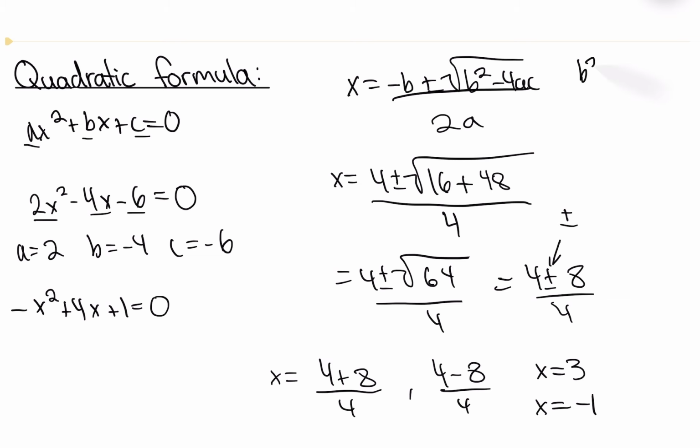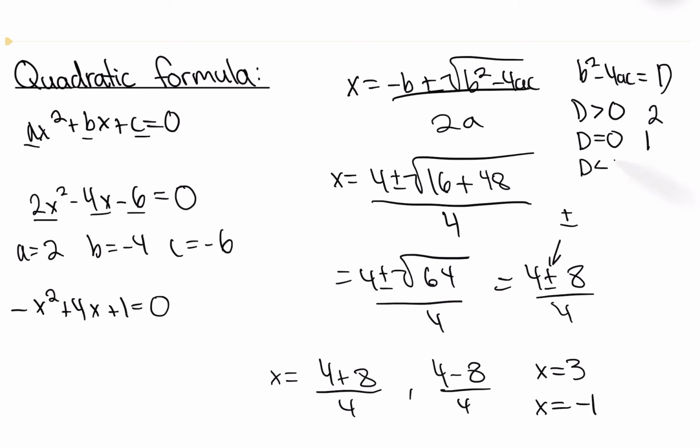The b squared minus 4ac, that is the discriminant, and the discriminant is also written as the big D. So if the discriminant is greater than 0, you know there are two real solutions. If the big D is equal to 0, there is one real solution.